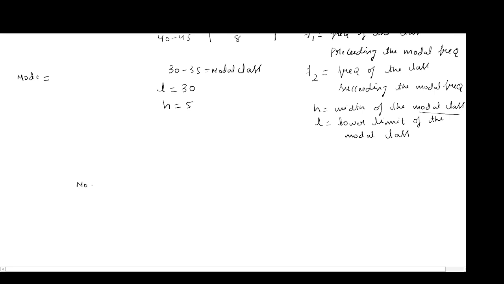So I am writing here once again, mode is equal to L plus H into Fm minus F1 divided by 2 times Fm minus F1 minus F2. Now L value I've got 30 plus H is 5, that is width of the modal class, into Fm value.